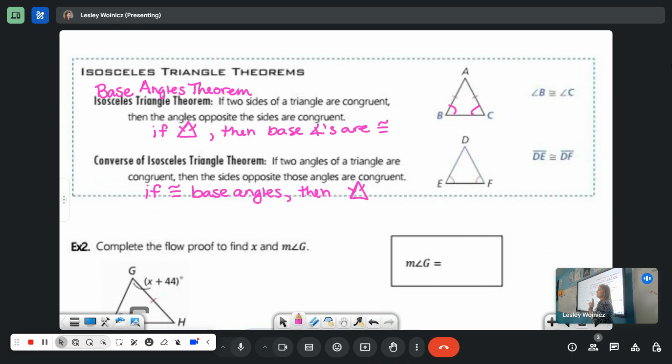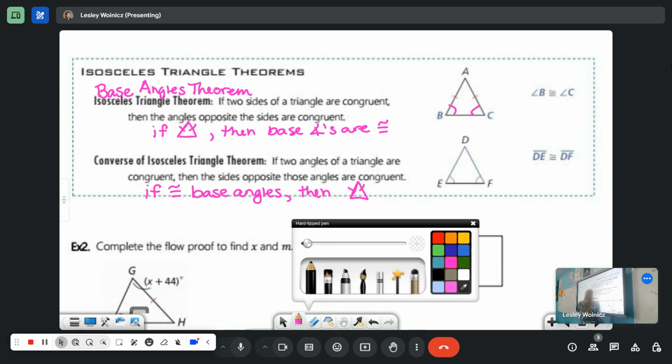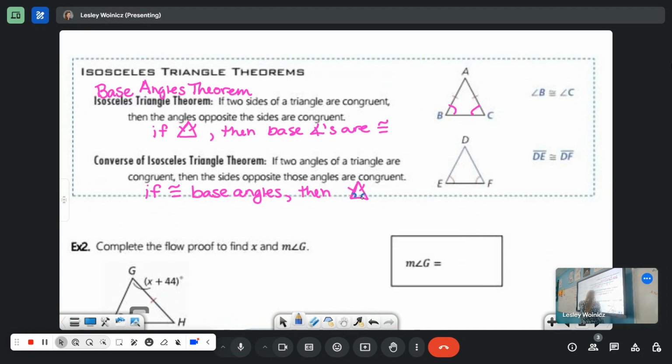It can't be any two sides you want. Here, I'll put in my little congruent symbols so that you can see it has to be the ones opposite. So I can't do that. Does everybody see what we're saying? It has to be the ones that are opposite.